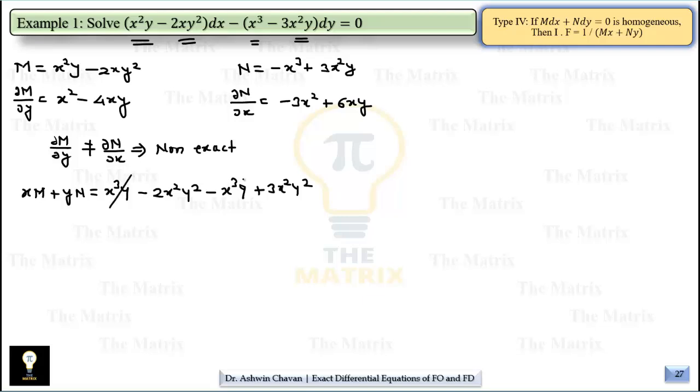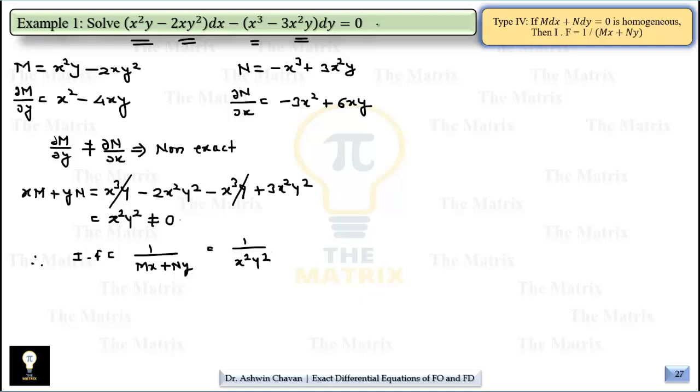So cancellation of x cube y will happen, and minus 2 plus 3 times x square y square is 1 time x square y square, which is non-zero. That's why the integrating factor is 1 upon M into x plus N into y, which is 1 upon x square y square.